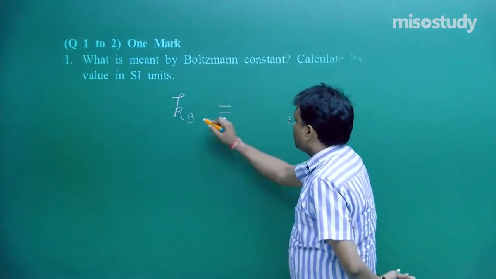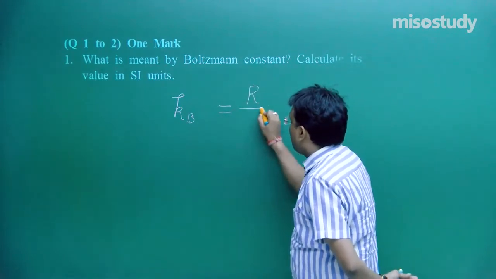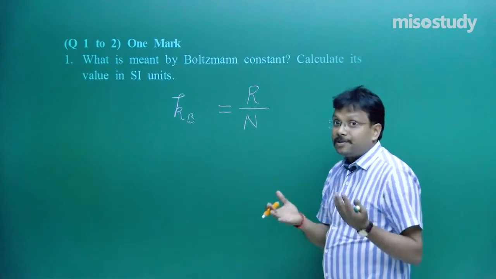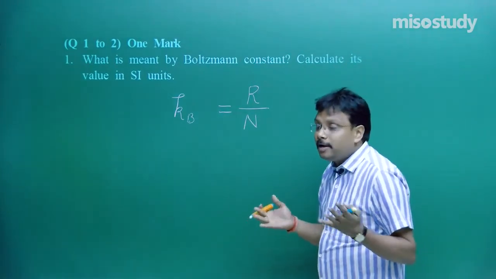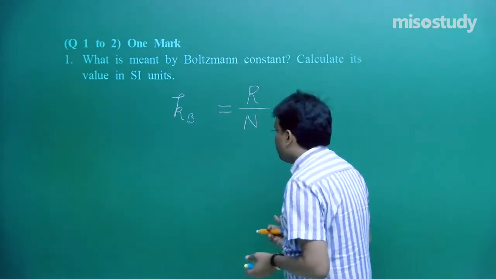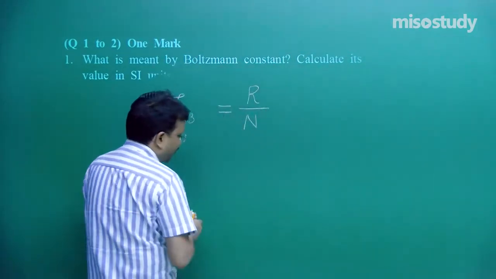Basically KB is nothing but R by N, where R is the universal gas constant, PV is equal to mu RT, and N is Avogadro's number. So let's put in the values and find the result.